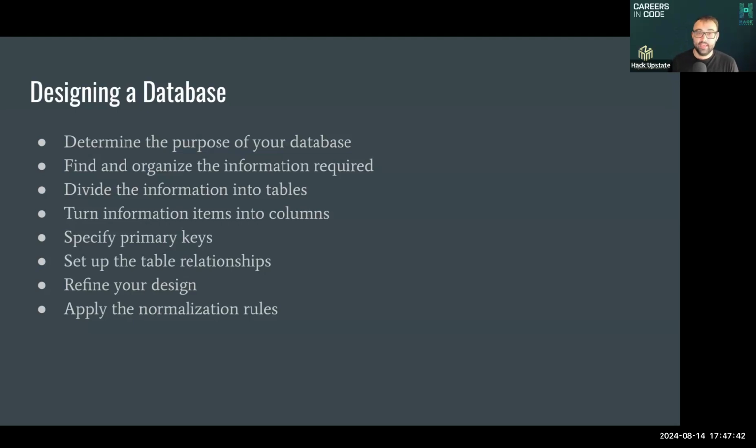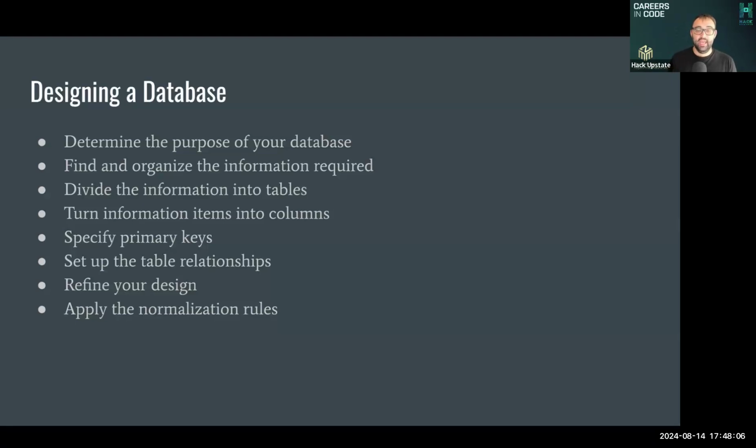We need to divide the information out into tables. We need to turn information into columns, right? So just because we have an address doesn't mean that we're going to throw that in as one column and call it a day. It makes a lot more sense to instead store address line 1, address line 2, city, state, zip code. Well, why do we break those out into 5 separate fields?